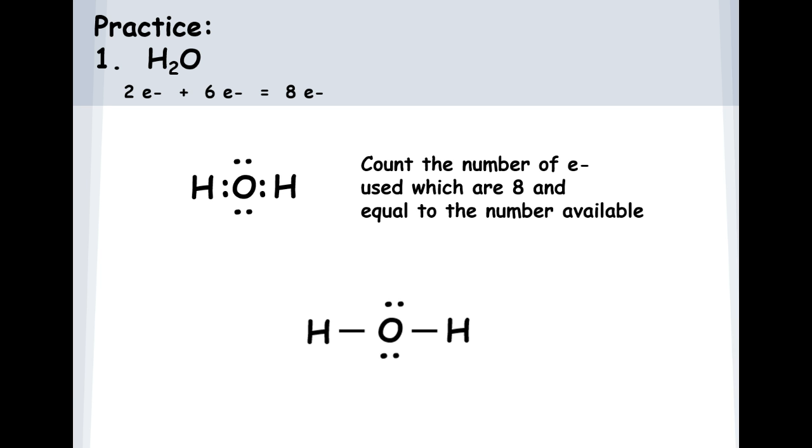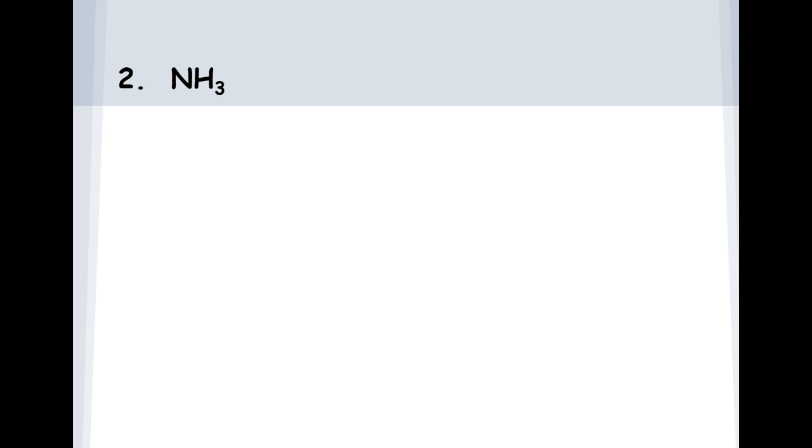One more. We have ammonia, NH3. We have 5 electrons for nitrogen. We're going to add that to the 3 electrons, 1 each for the 3 hydrogens. That gives us 8 electrons total. Hydrogen can't be a center, so we're going to put nitrogen in the center and bond the 3 hydrogens to the nitrogen with a bond pair.